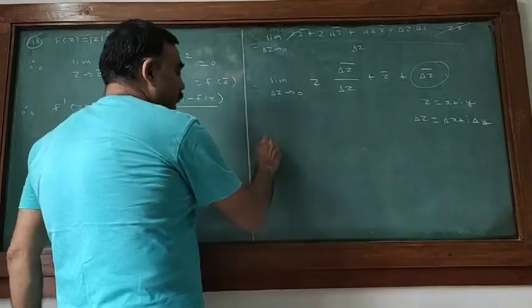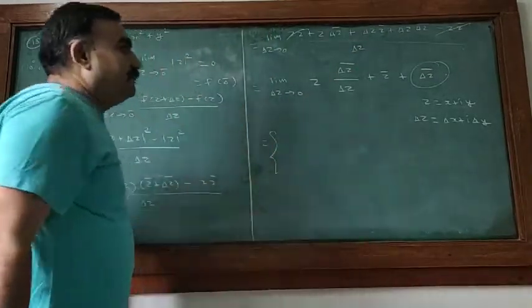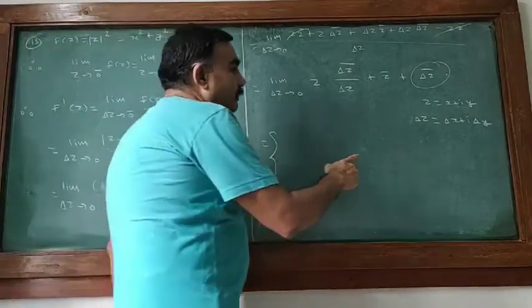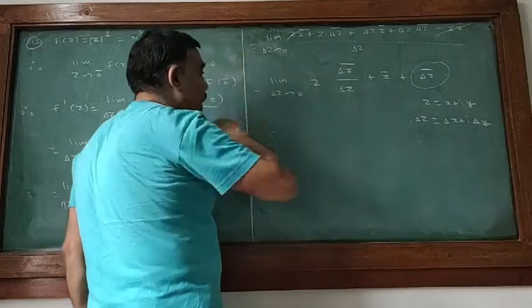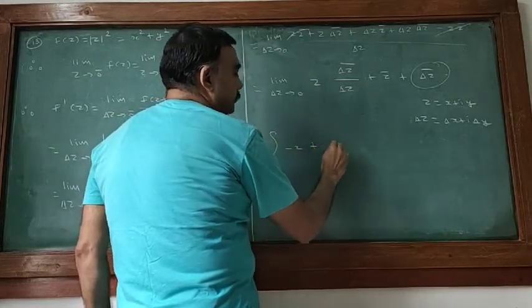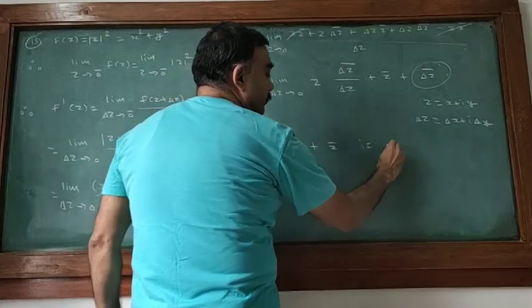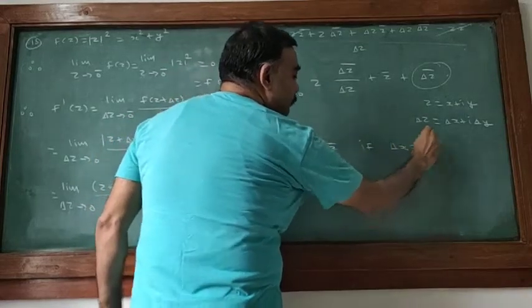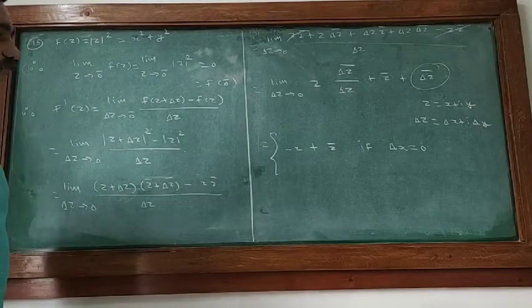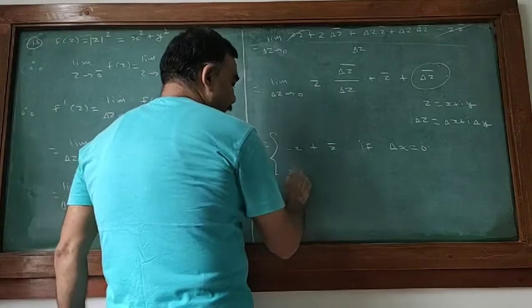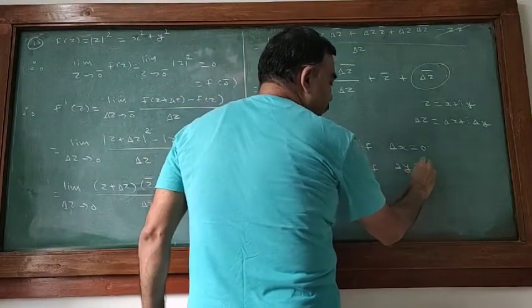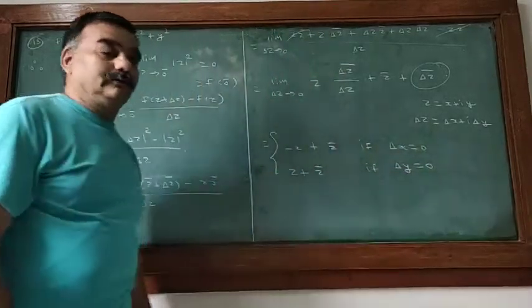So this is equal to minus z plus z bar if delta x equal to 0, and z plus z bar if delta y equal to 0.